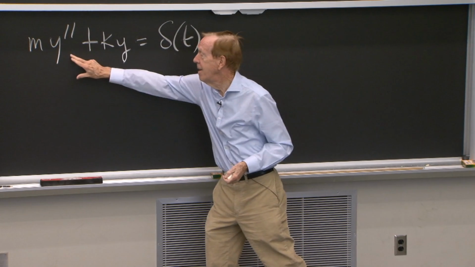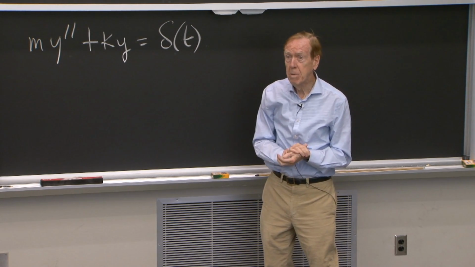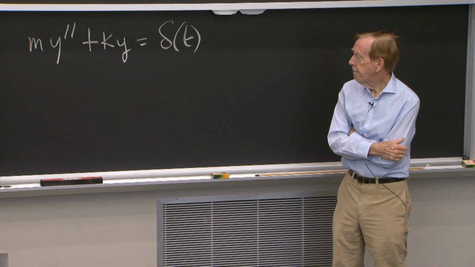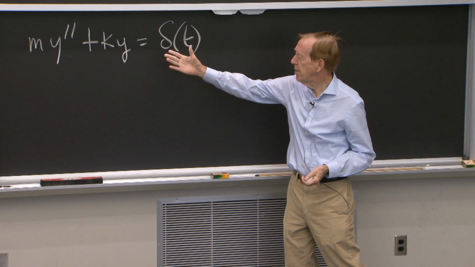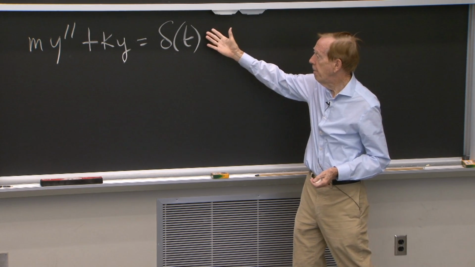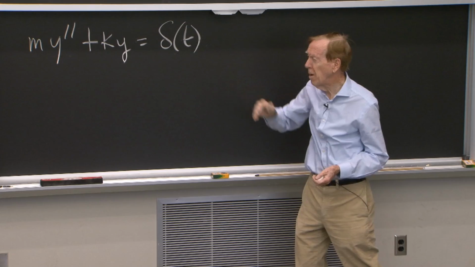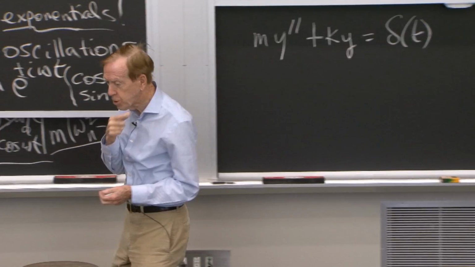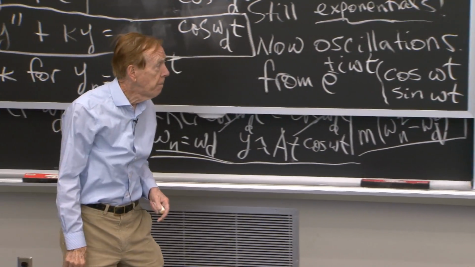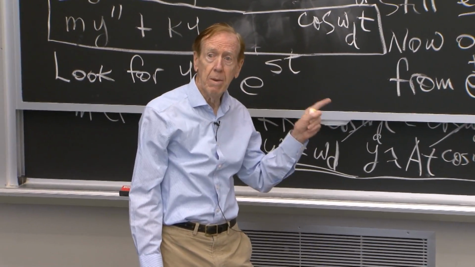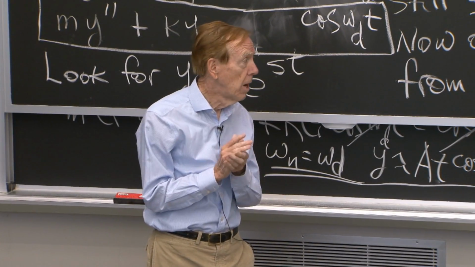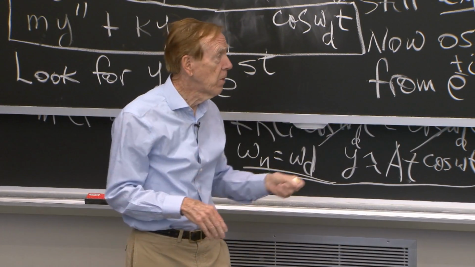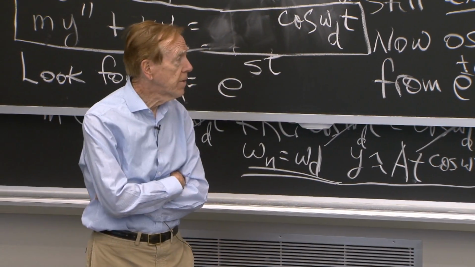You won't see second derivatives, I guess. Okay, so what is it? This is of the form with an f of t, a very special f of t, and that very special f of t makes it extremely easy to solve. It's going to be a cinch, and we practically have done it already.